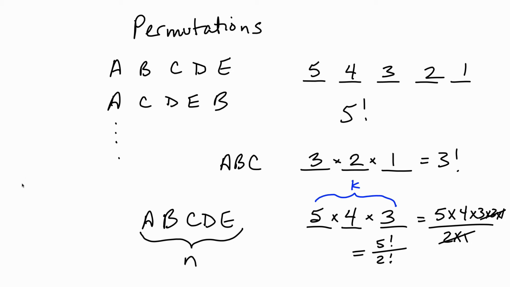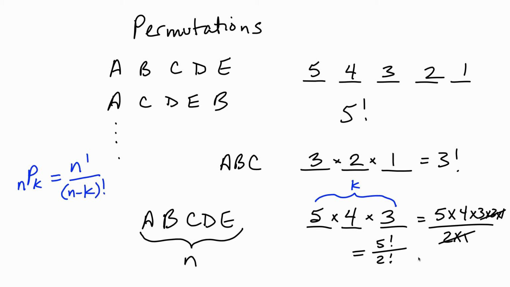And there's a bunch of different ways of writing this down. So this is one way, nPk notation. So the number of permutations of size k taken from n variables is n factorial divided by n minus k factorial.